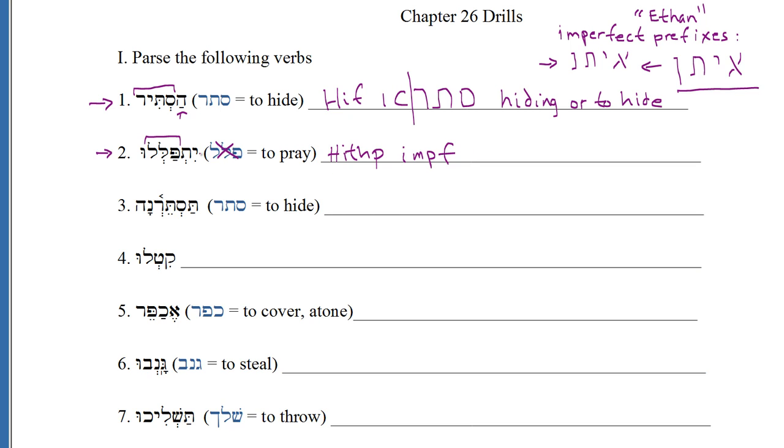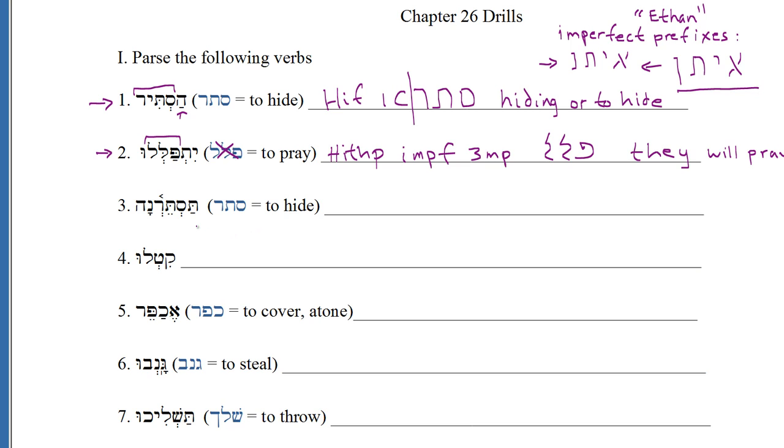We have the yod prefix, which tells us it's third masculine something, either singular or plural. And then the shureq tells us that it's third masculine plural. So we have Hithpael imperfect, third masculine plural of palal, and that would be they will pray. At least with no other context, that's how we would translate it.